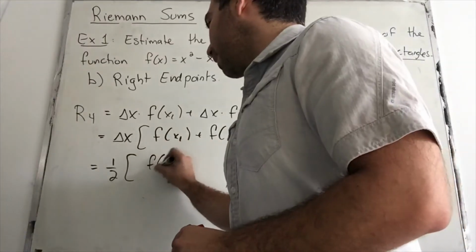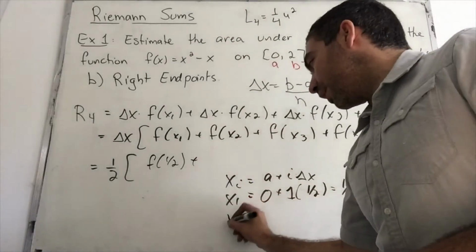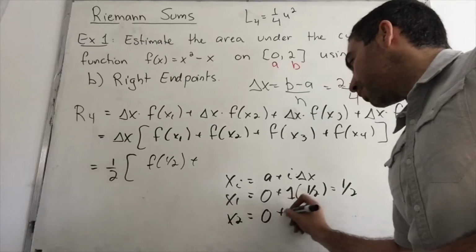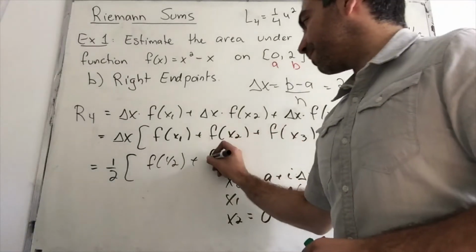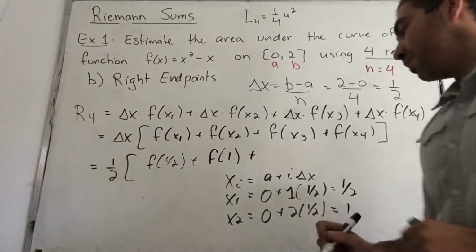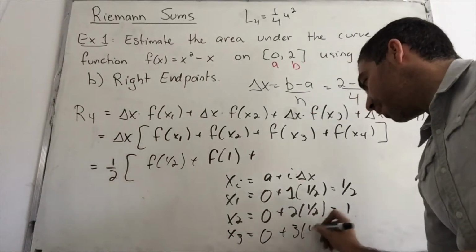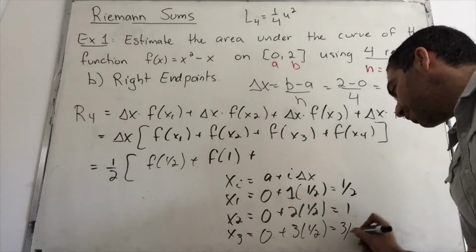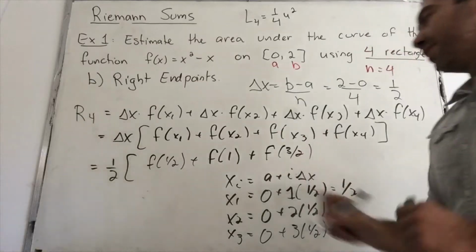So we're looking for f of a half, plus the second one, now we're replacing it with 2. x2 equals 0 plus 2 times a half, which is 1. This is f of 1. x3, we saw this already, so 0 plus 3 times a half. This is three halves. My apologies, it's 3/2.